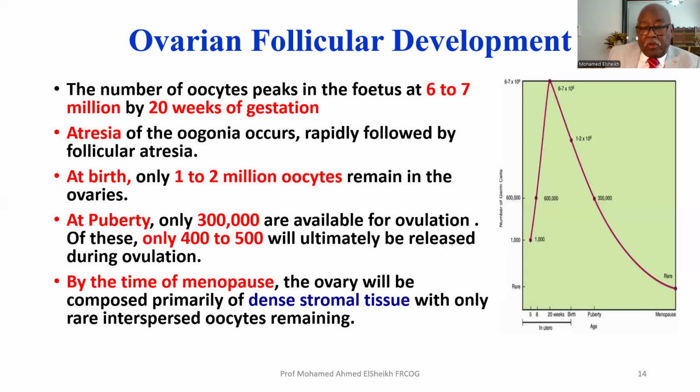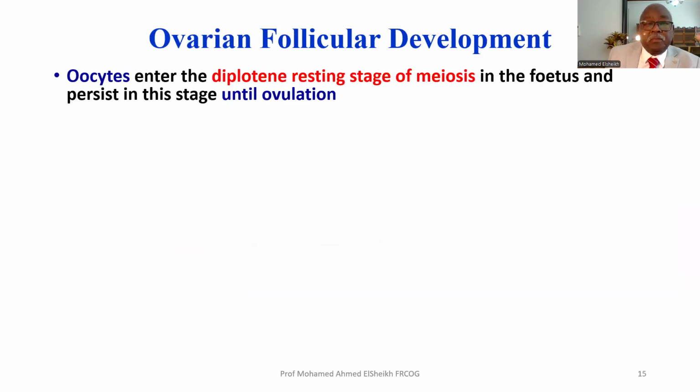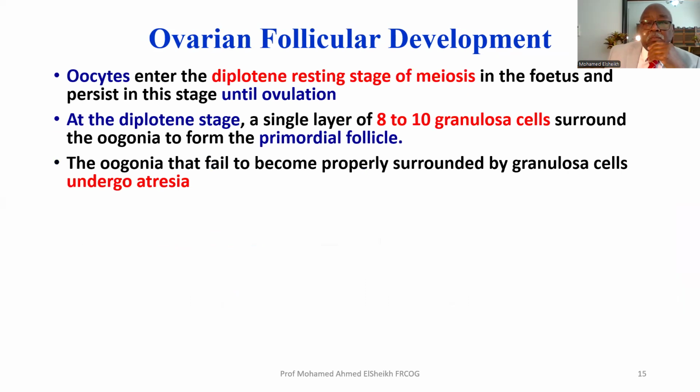By the time of the menopause, the ovary will be composed primarily of dense stromal tissue with only rare interspersed oocytes remaining. So oocytes enter the diploid resting stage of meiosis in the fetus. They persist in this stage till ovulation starts.